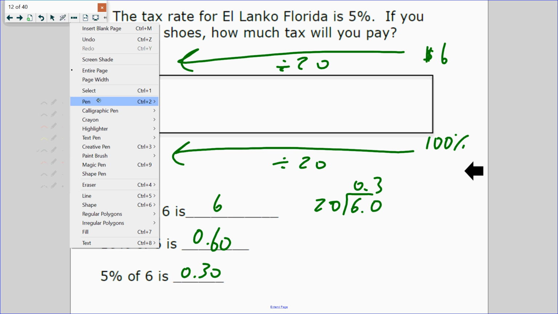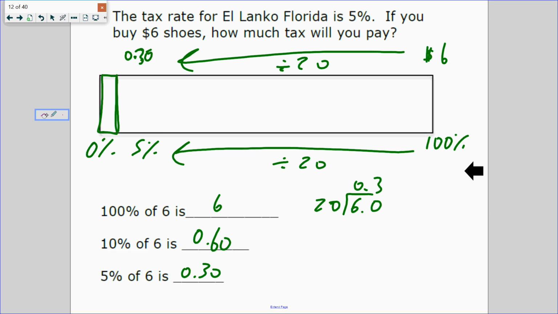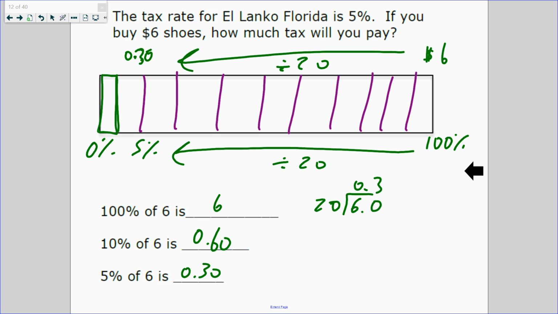What's another way you could have solved this? Let's use purple. What about breaking this into tenths? 10%, 10, 20, 30, 40, 50, 60, 70, 80, 90, 100. So imagine this is 10%. What's the relationship between 100% to 10%?